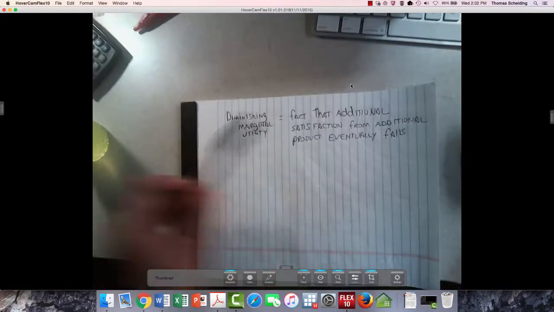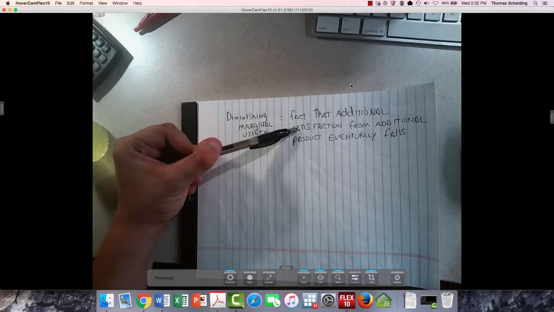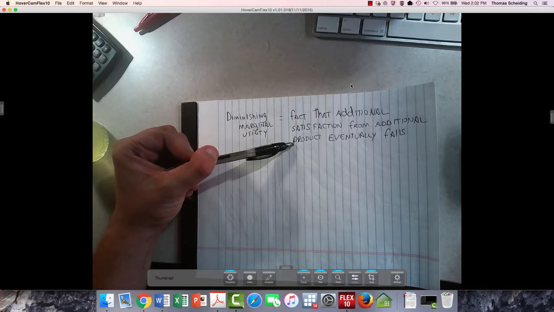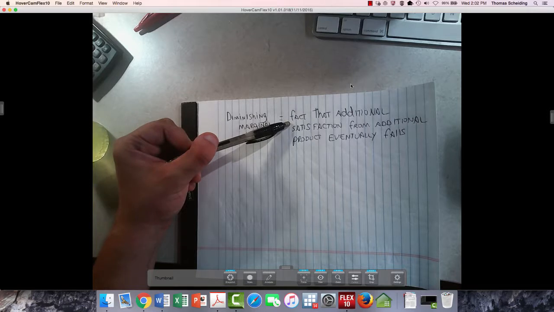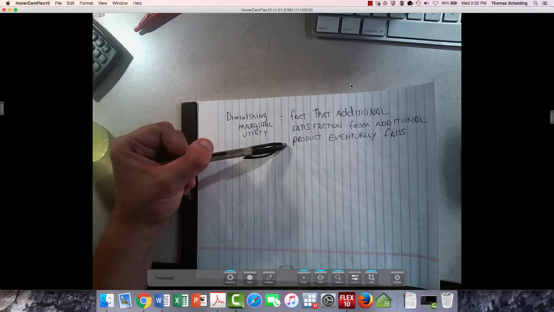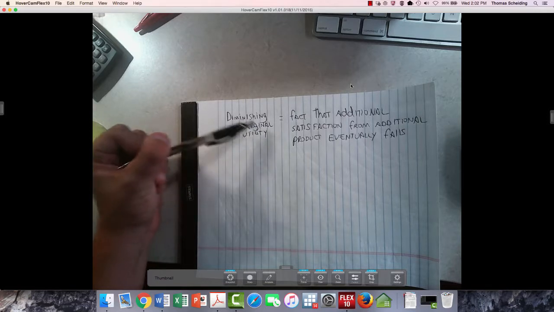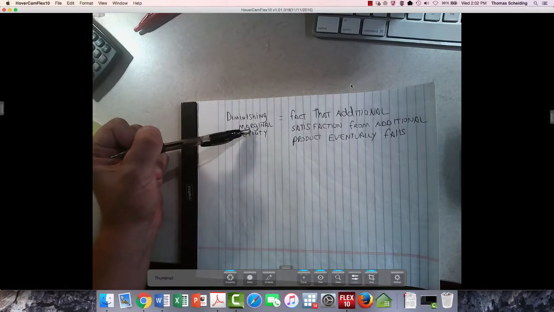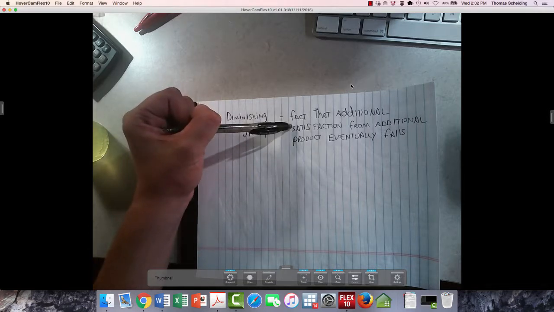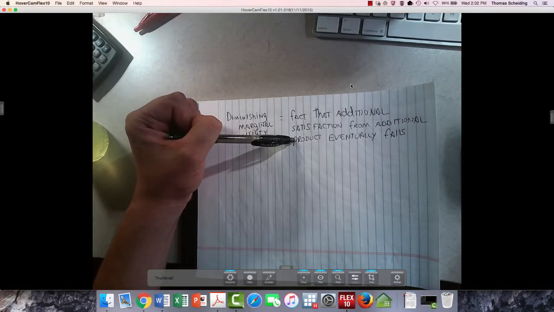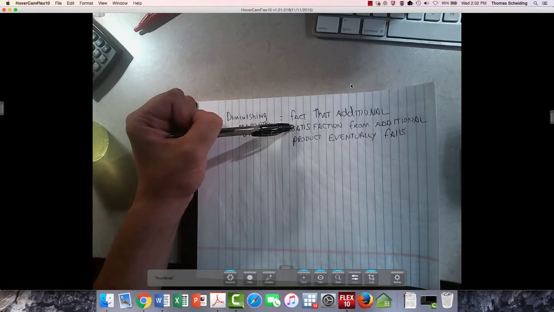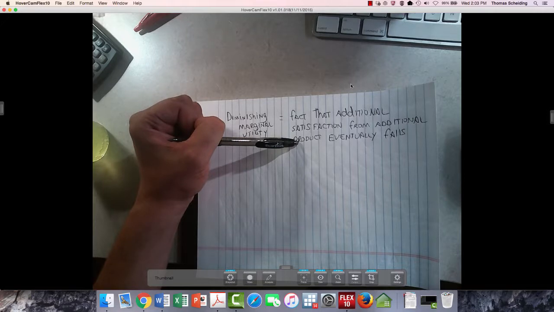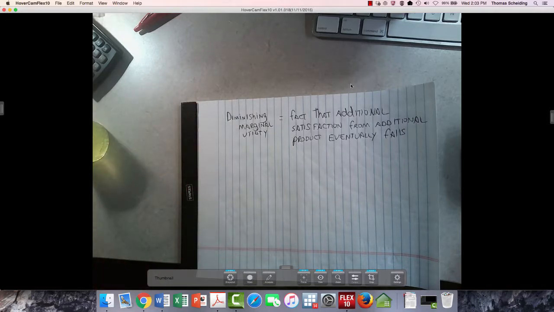What this is saying is that the additional happiness that I get from consuming the 50th almond is not as high as the additional happiness I got from eating the second almond. That eventually you get tired of eating something.